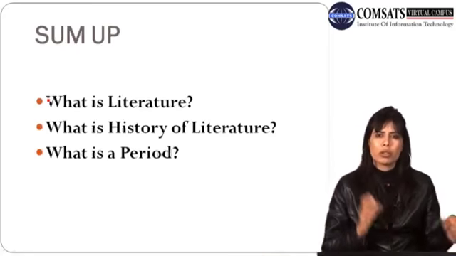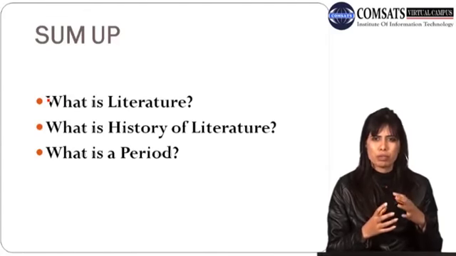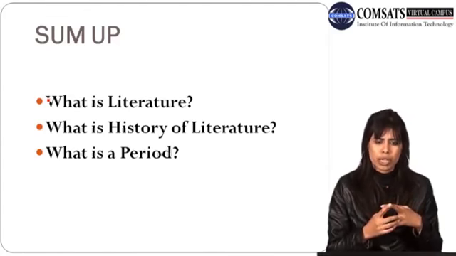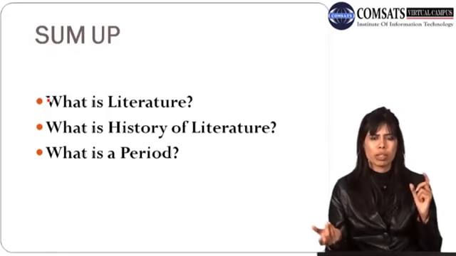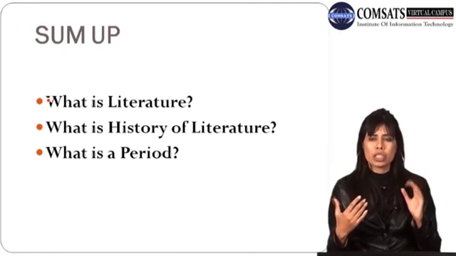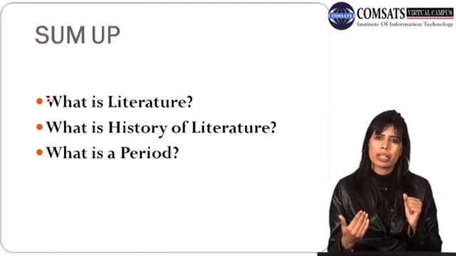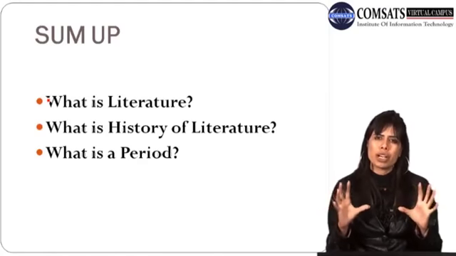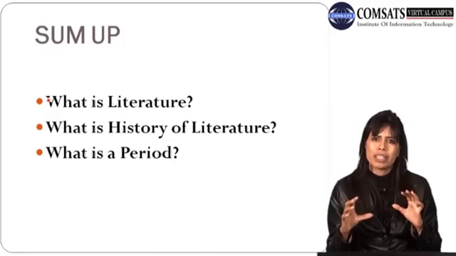So my dear students, in order to sum up today's lecture, I just want to revise some of the points from today's lecture. We started with what is basically literature, and we talked about history and literature, then what is history of literature, and then we moved towards what is period. Here you can see that was an introductory lecture about the history of English literature.